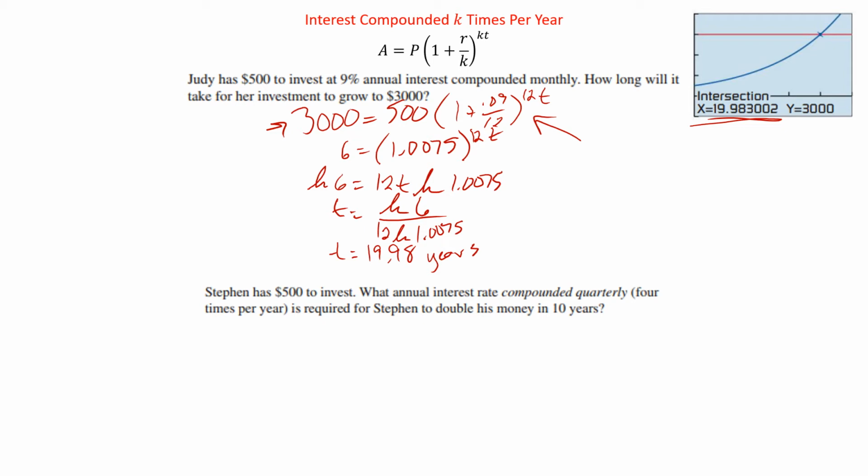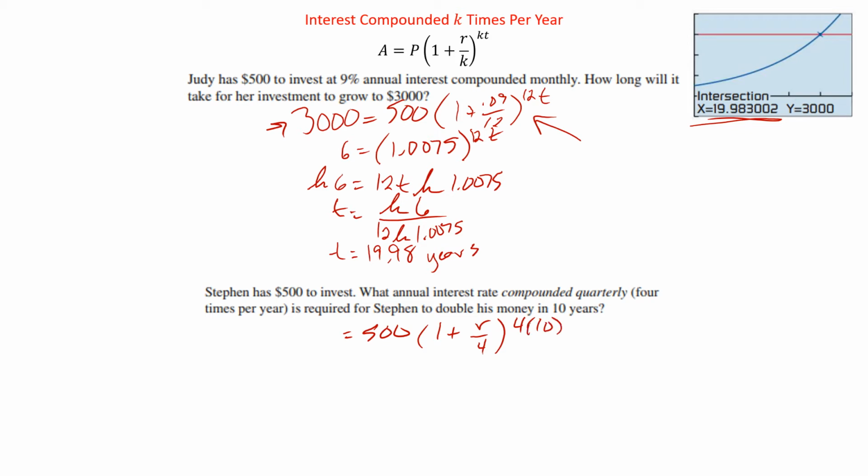So we have 4 times a year instead of 12. And we're looking for the interest rate now. So we're looking for r. So his principal is still 500. And we'll have 1 plus r over 4 to the 4 times t. We want 10 years.